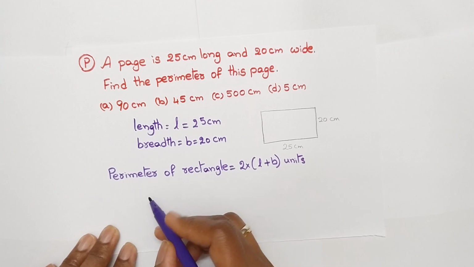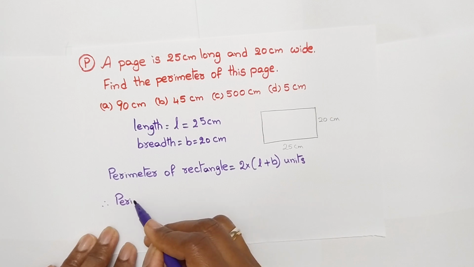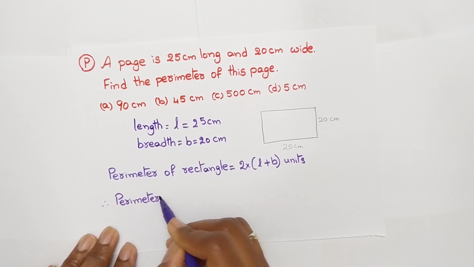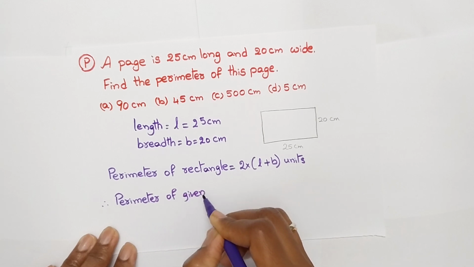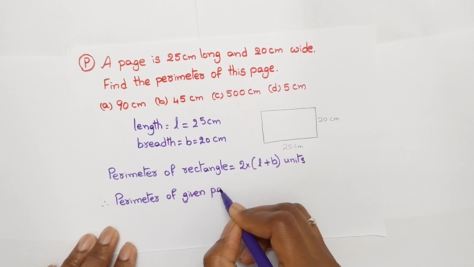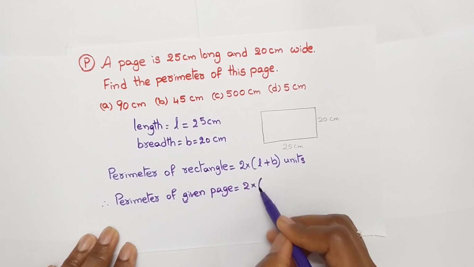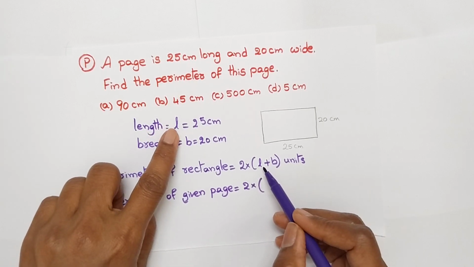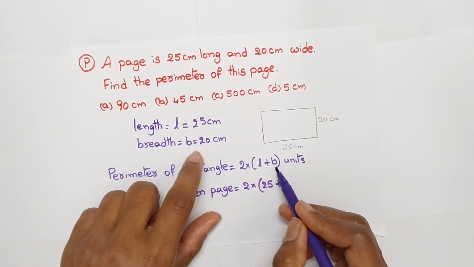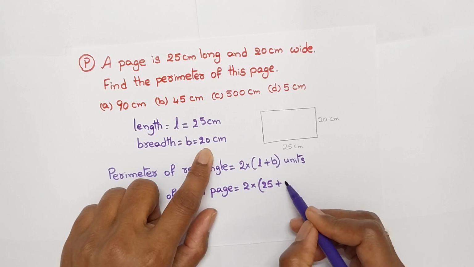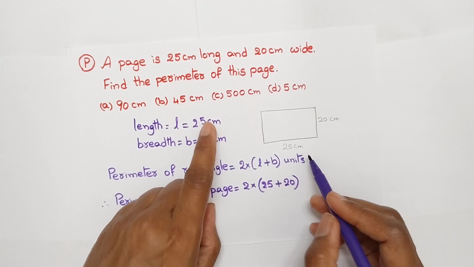Therefore, perimeter of given page equals 2 into L, we take the value of L, 25, plus B, the B value is 20. What are the units they have given in the problem?